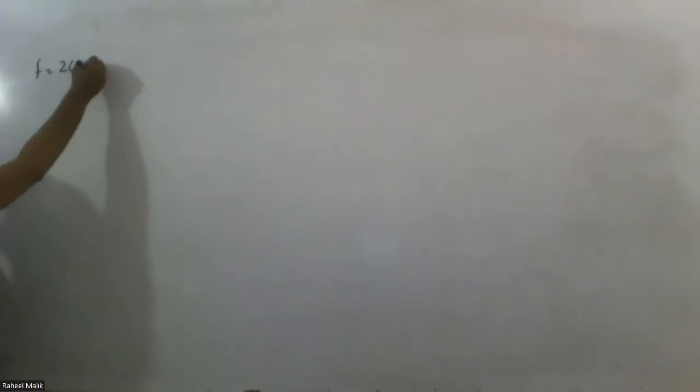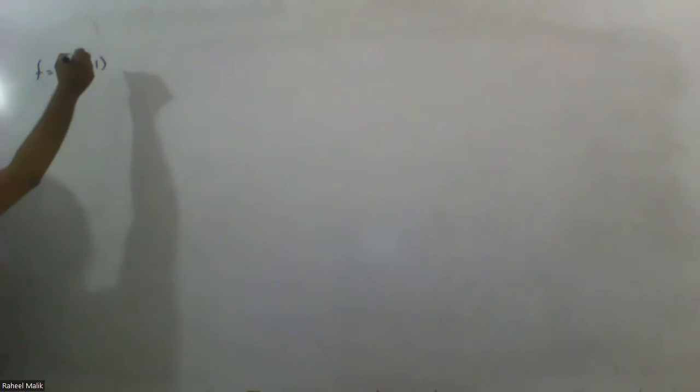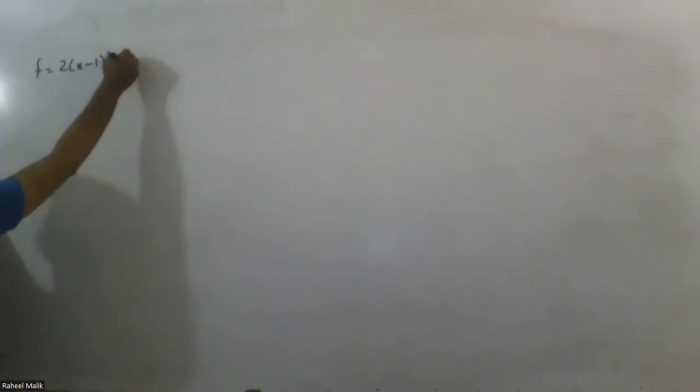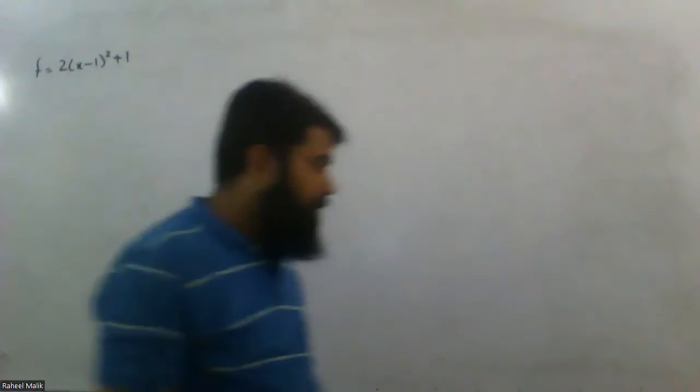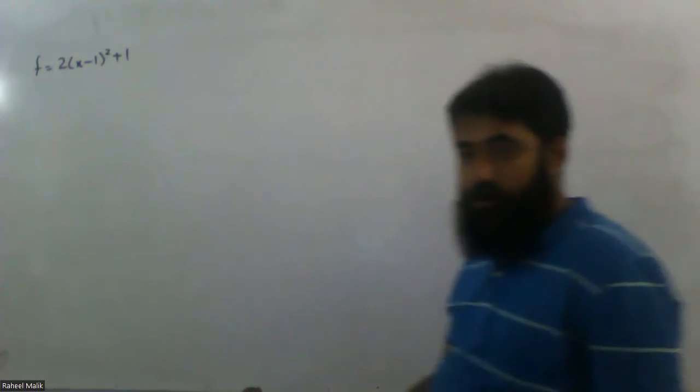Now they are giving us a function f equals to 2(x minus 1) whole square plus 1. This is the function given to me, and they are giving us some parts to solve.